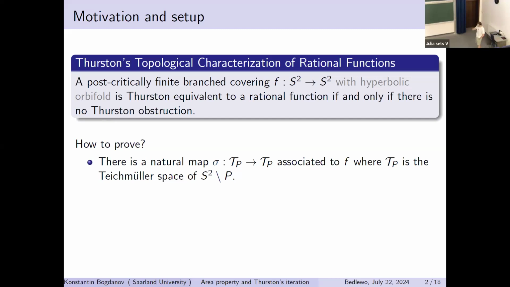I'll give you the definition of the Teichmüller space a bit later. But now you can think of it as a special finite dimensional metric space.